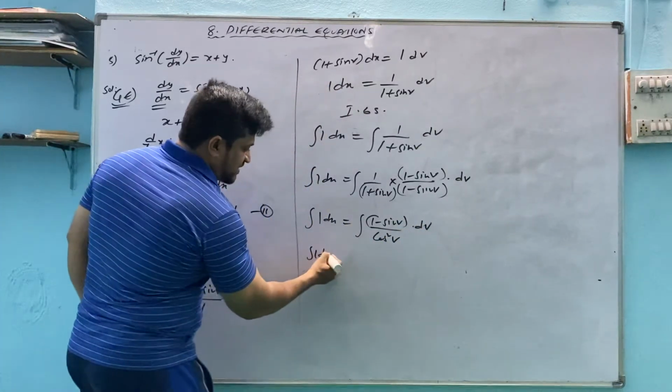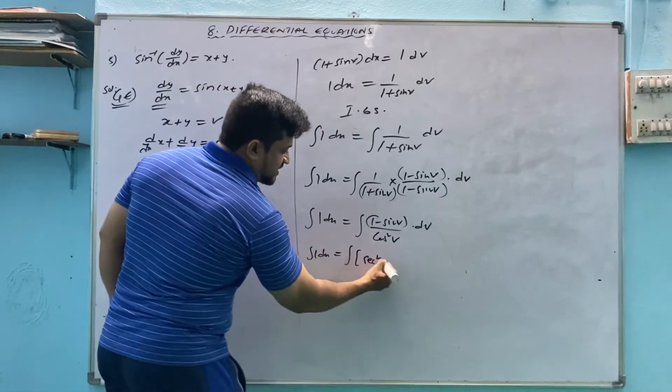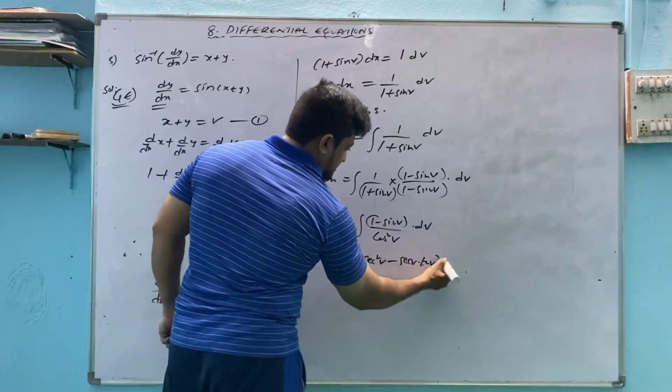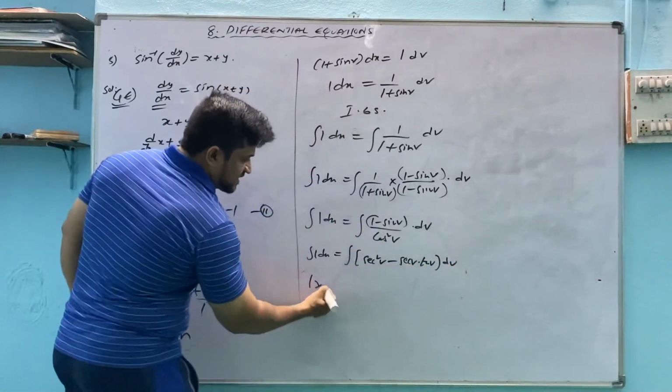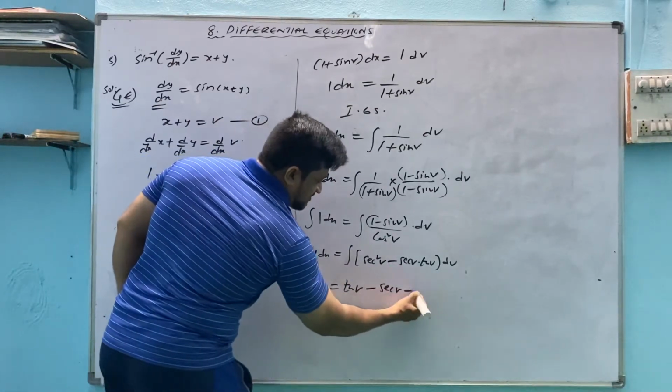Similar problem we have done yesterday, that means in the last class. 1 by cos square is secant square, sin by cos square is secant tan. Now 1 is 1x, secant square v is tan v, secant v tan v is secant v plus c.